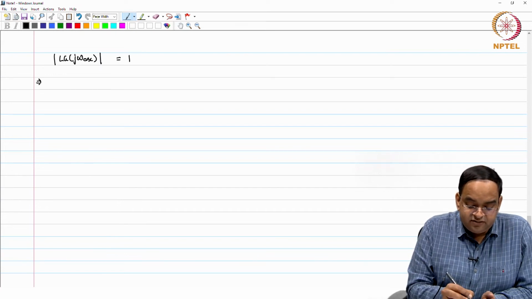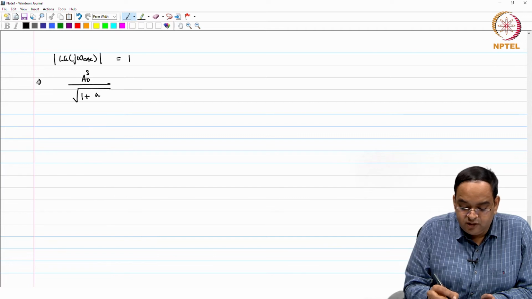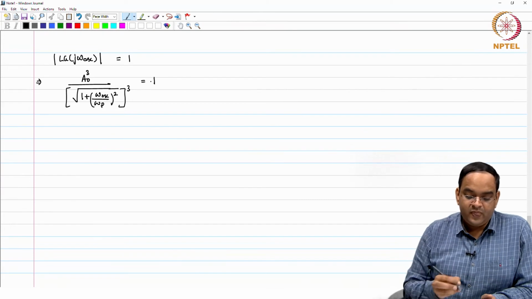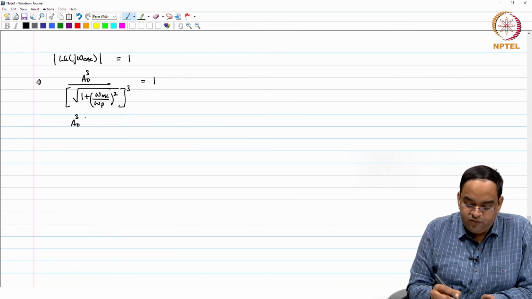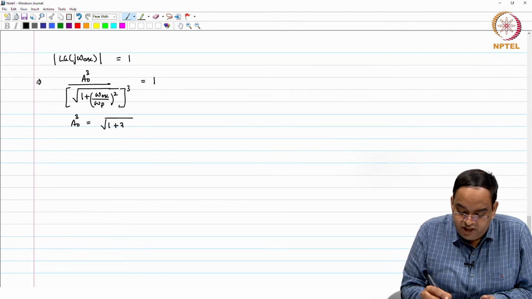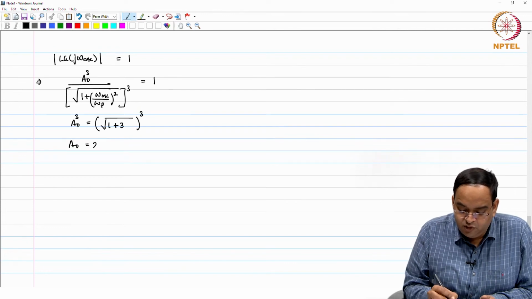So, this implies that A naught cube divided by the square root of 1 plus omega oscillation by omega p whole square, times cube, is equal to 1, which is A naught cube is equal to, I will put the value of root 3, square root of 1 plus 3 whole cube, this implies that A naught is equal to 2.